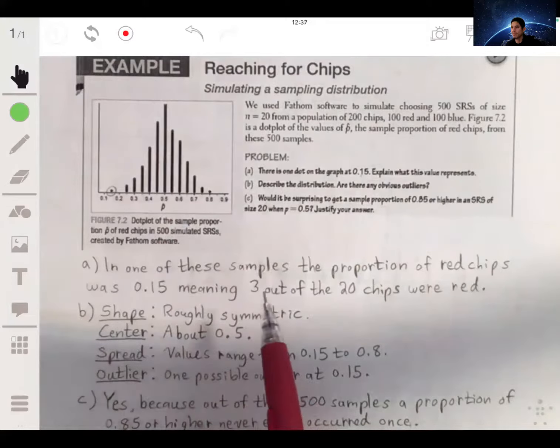The shape, you can see it's starting to look pretty symmetric, centered at 0.5. The values are going from 0.15 to 0.8, and we could maybe say that's an outlier.